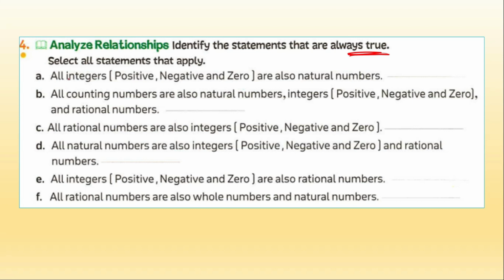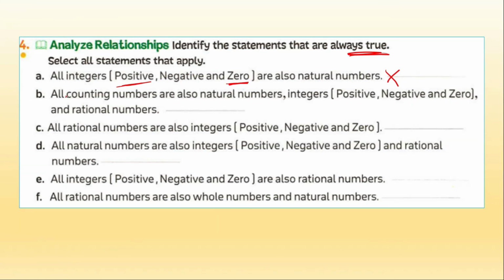Okay. The first one, all integers اللي هما positive, negative and zero are also natural numbers. طبعا غلط. ليه؟ إذا عندك البوزيتيف والزيرو بس هما اللي natural، لكن النيجاتيف integer مش natural.